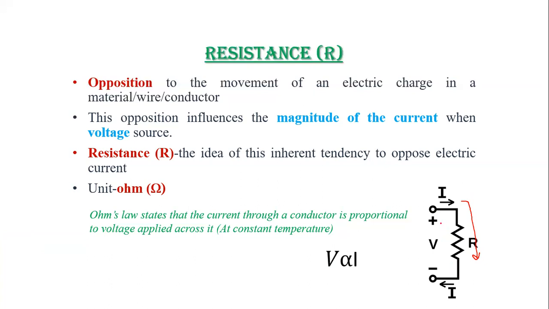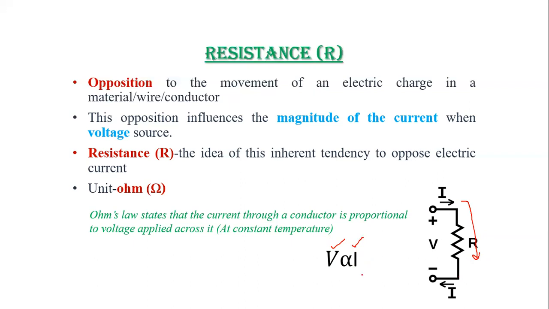These are the two terminals, plus and minus, of the conductor. Therefore, V is proportional to I is the relation which gives Ohm's law. The voltage applied across the element is proportional to the current through the element.